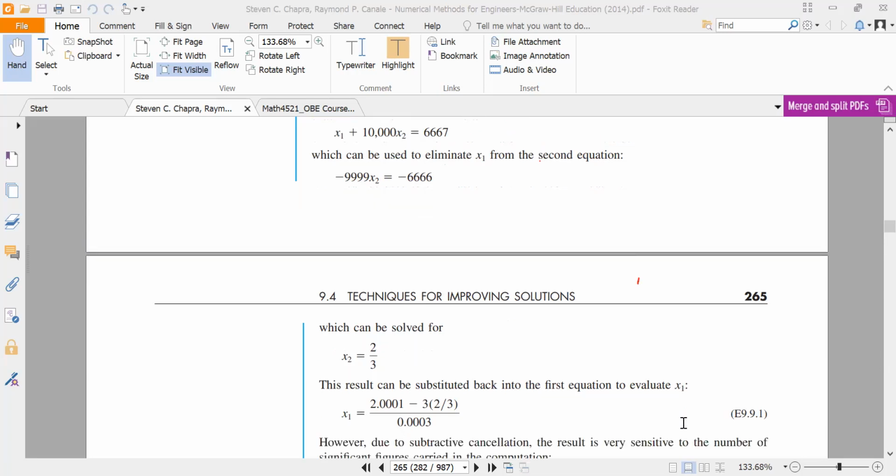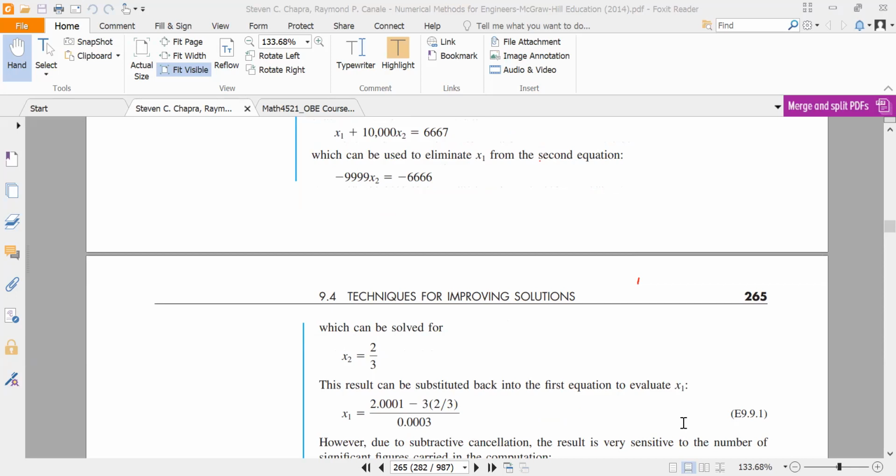Okay, this is illustrated by this example. So using the naive technique, we obtain a solution x2 equal to 2 by 3, and by using this 2 by 3, we obtain x1. The x1 equation is this. Although we have written 3 into 2 by 3 there, in the computer it will never be written in this way.